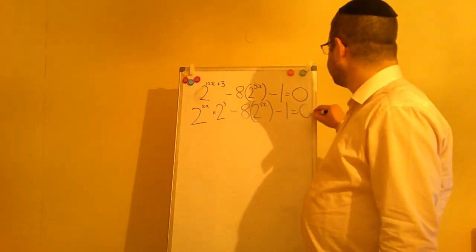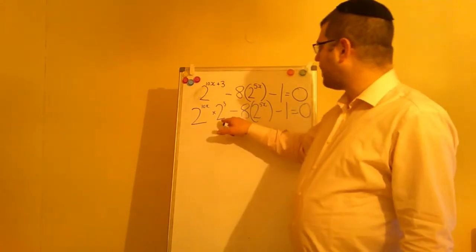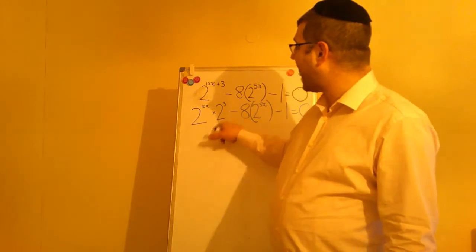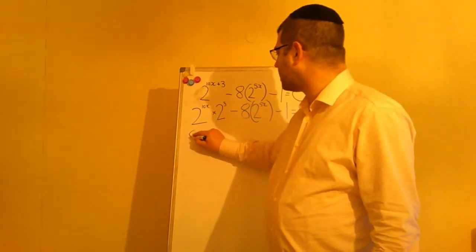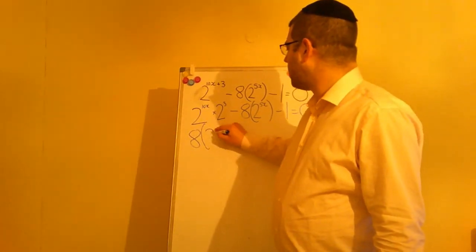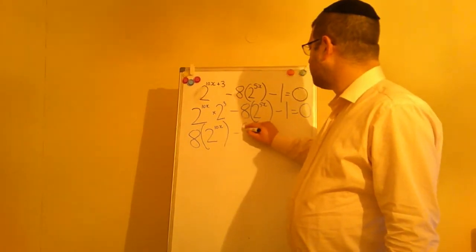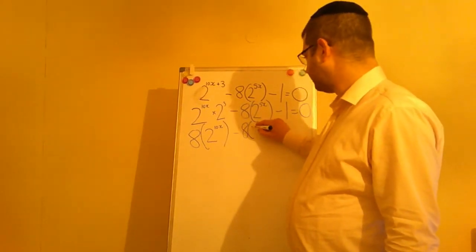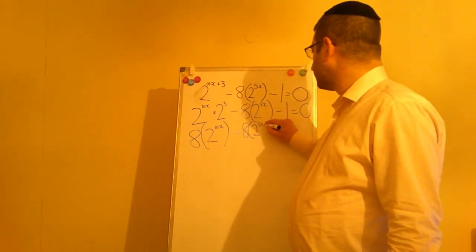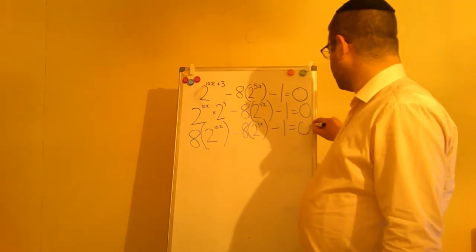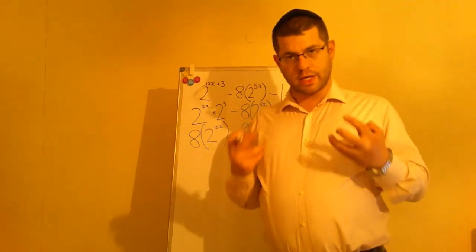To get this, 2 to the power of 3 is 8. There's nothing in the front to multiply, so I'm just going to stick that 8 as a coefficient. So I'm going to rewrite this as 8 multiplied by 2 to the power of 10x minus 8 times 2 to the power of 5x minus 1. And now we're ready to treat this as a quadratic.